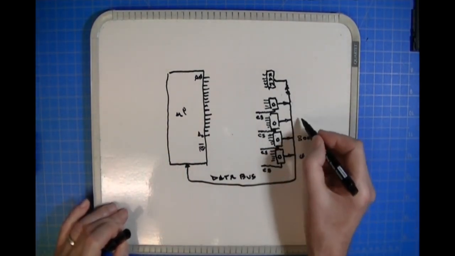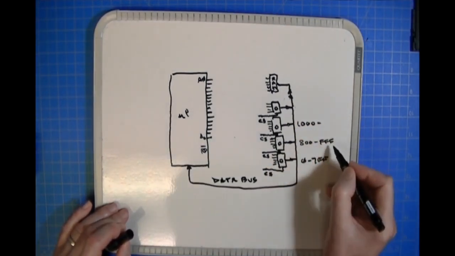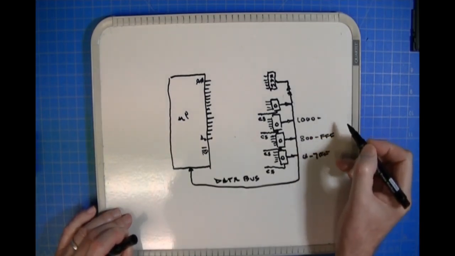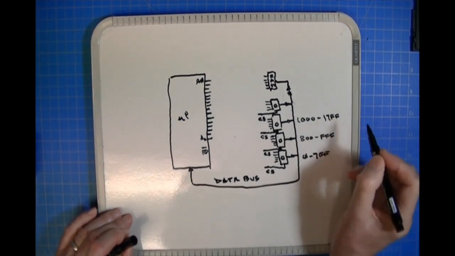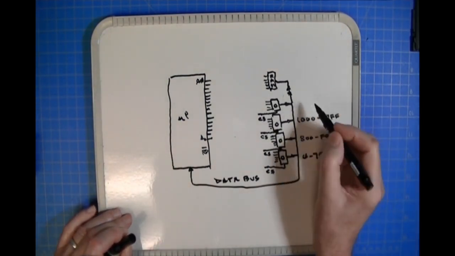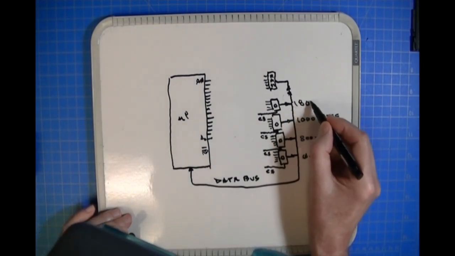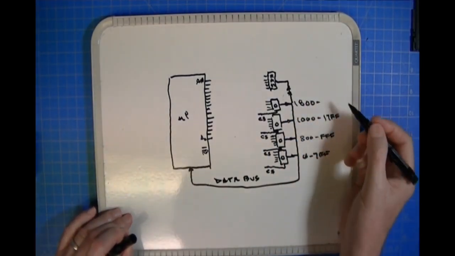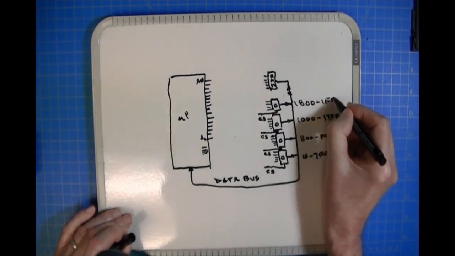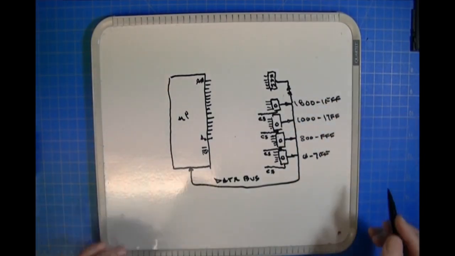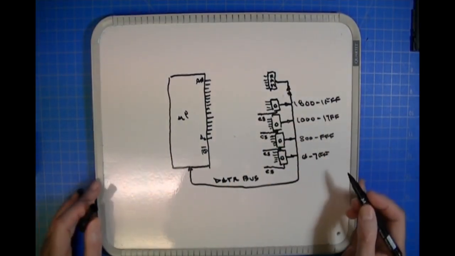The next one is going to be from 1000, which is FFF plus 1, to 17FF. And the fourth one is going to be from 1800 to 1FFF. I'm not going to map my RAM, and as I said, I'm just making this up so I can get the point across to you.